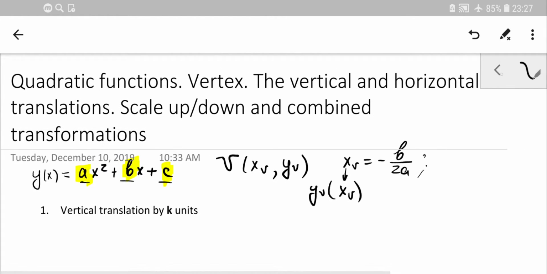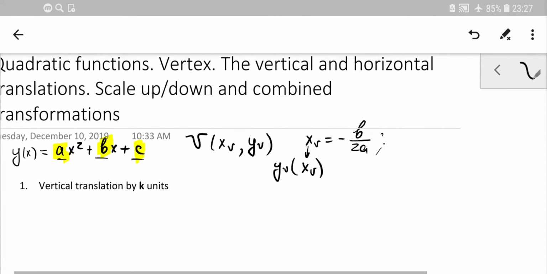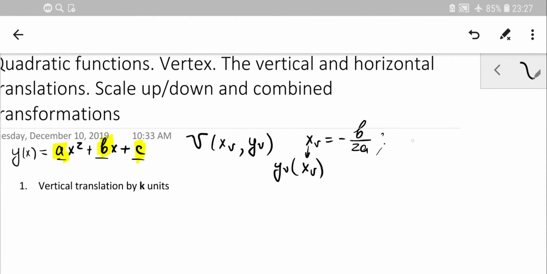Okay, I'll give you a very interesting example for that. Let's say we have the quadratic function y of x. That's an example of how you can find the vertex. So y of x is x squared plus 3x plus 2. Let's find the vertex for this parabola.